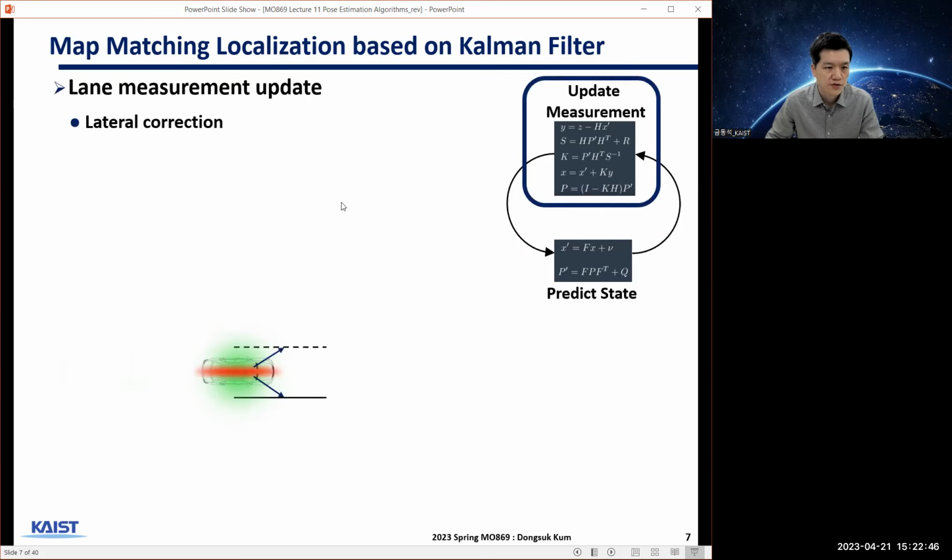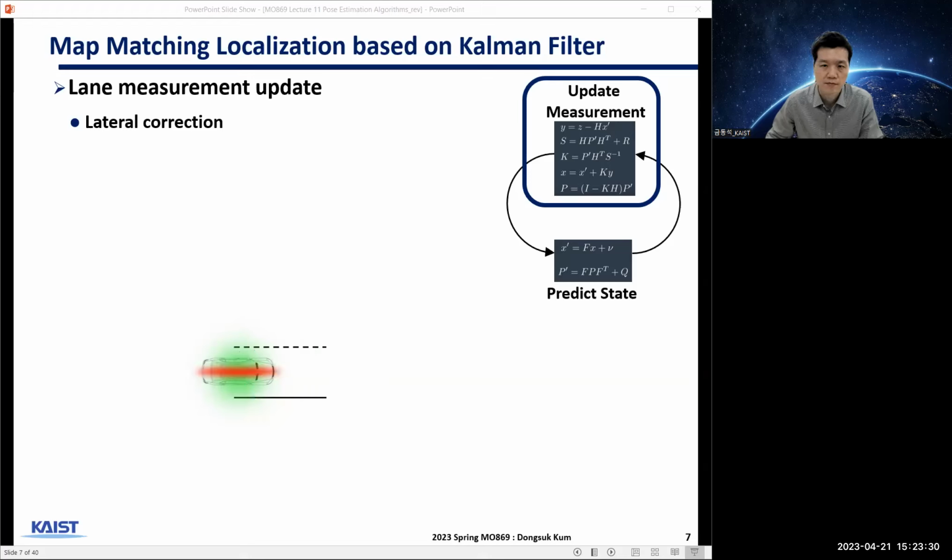And then using the lateral measurements, we can correct the lateral position or distribution of the state estimation. So now we have this somewhat elliptical shaped distribution, because we were able to remove or reduce the distribution in the lateral direction by using this lane information.